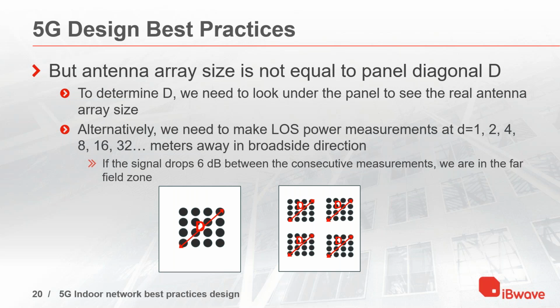You start at 1 meter and then 2, 4, 8, 16. When you see that the power drops by 6 dB between consecutive measurements, that means you're in the far field zone. That is how you can do it in the field.